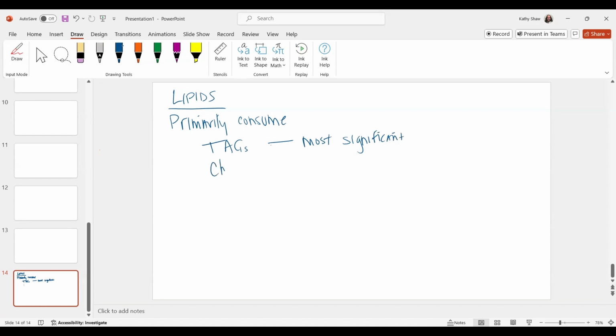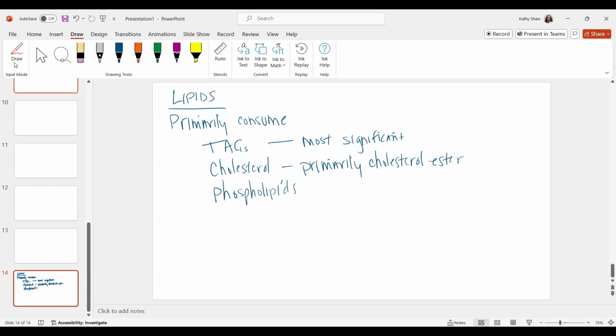We consume cholesterol, and primarily a cholesterol ester, and we'll talk about that a little bit more. We also consume some phospholipids. So we can group all these together as polymers, and we can talk about what we're going to break them down into. So let's move up a little bit here.